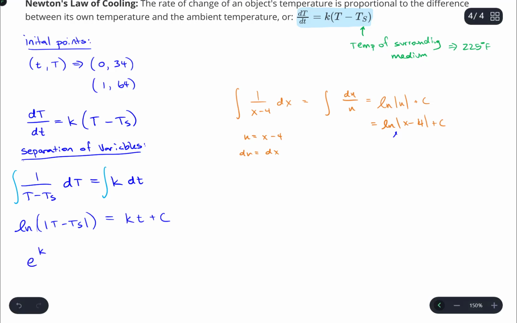This would be my exponent, and that would be equal to the argument of the logarithm. So this would be the absolute value of t minus t sub s.